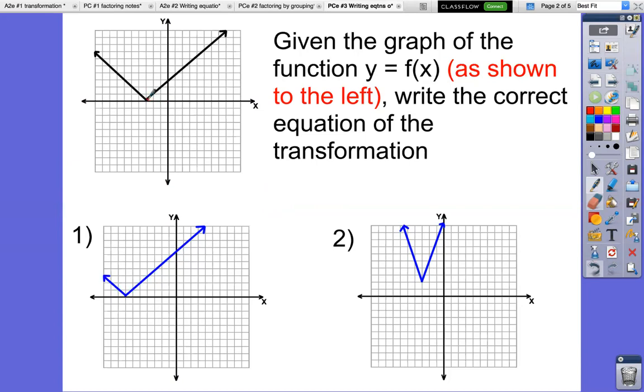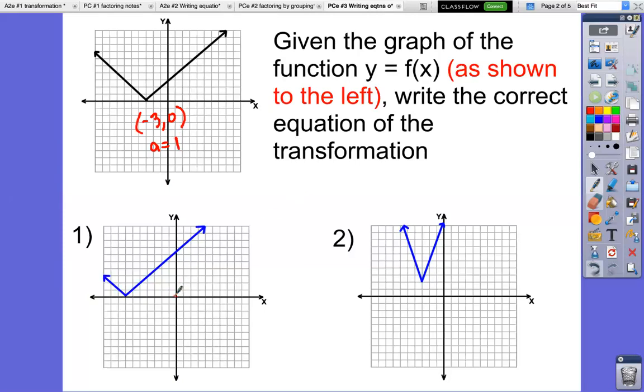So it looks like my vertex here was -3, 0. So let me just write this down. My vertex is -3, 0. And it looks like my a value is up 1 over 1. It's positive because it opens up. Well, let's just see what happened here.